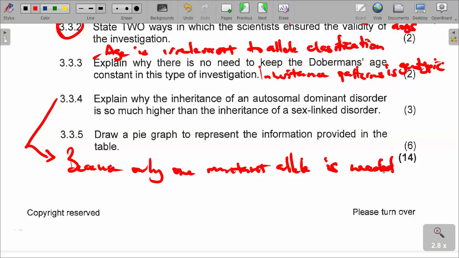Only one mutant allele is needed in this case. You understand?